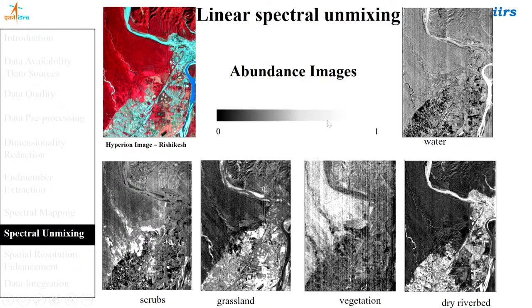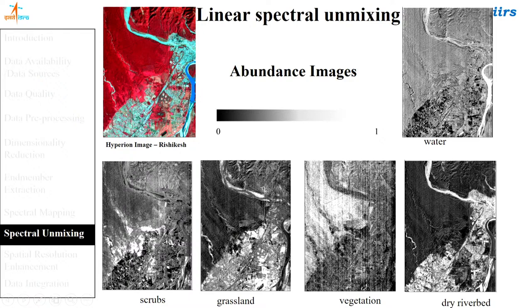Linear spectral unmixing: we can consider each pixel as the sum of whatever features are present in that area. It may be 0%, or it may be 100%, or it may be in between. So the weighted fractional coefficient image will be extracted. Wherever water pixels are coming, it got highlighted. Wherever scrubs are there, it got highlighted.